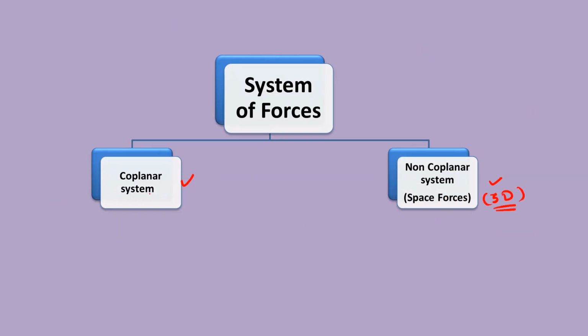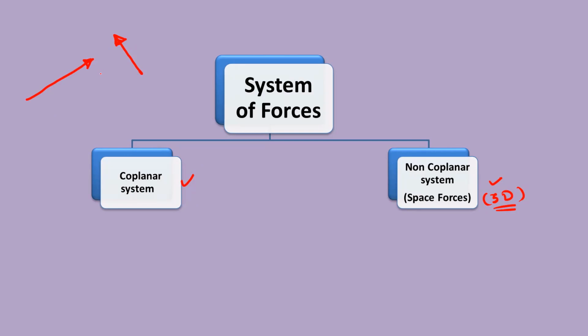And the coplanar force system is nothing but the 2-dimensional force system. If you observe this screen and if I draw these 2 vectors, they are lying in the plane of the screen. Therefore it is a 2-dimensional force system.